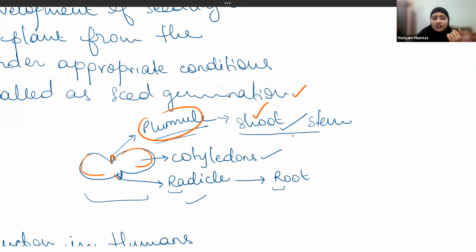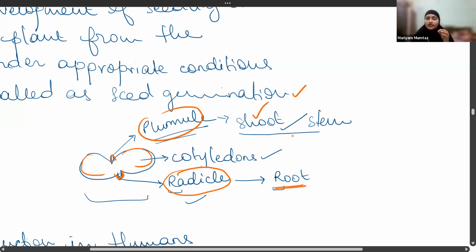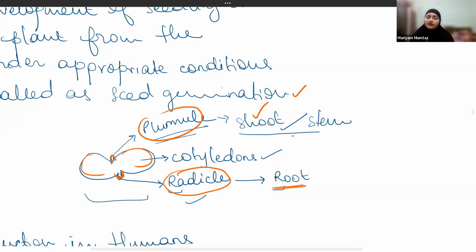Then there is a structure known as the radicle, which is responsible for the formation of the root. So when seed germination takes place, the shoot is made by the plumule and the root is made by the radicle. And once the root and shoot are both made, then leaves come, fruits come, flowers come, and all that happens. Is it clear?